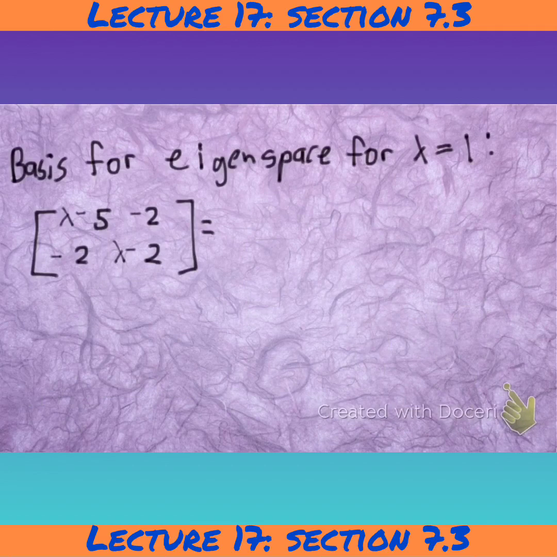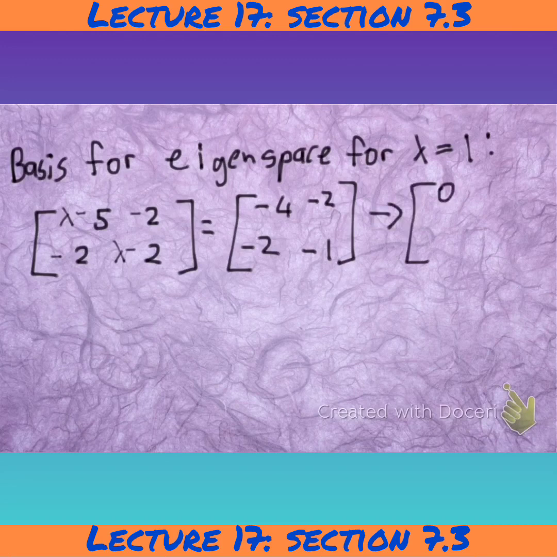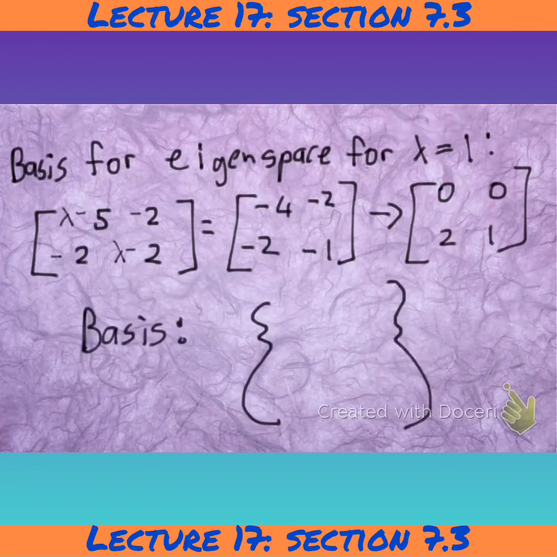Alright, so the basis for the eigenspace for lambda equals 1, that's going to be minus 4, minus 1, minus 2, minus 2, and you're going to reduce that to this. That corresponds to the linear system 2x plus y equals 0.